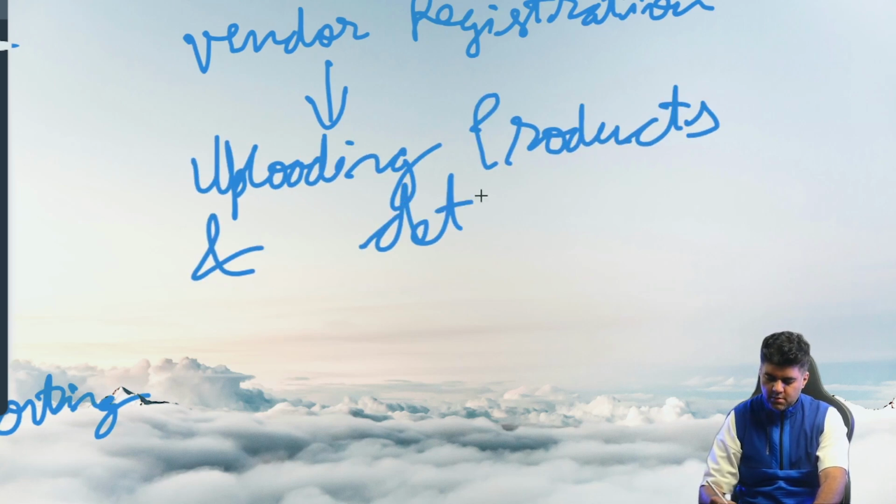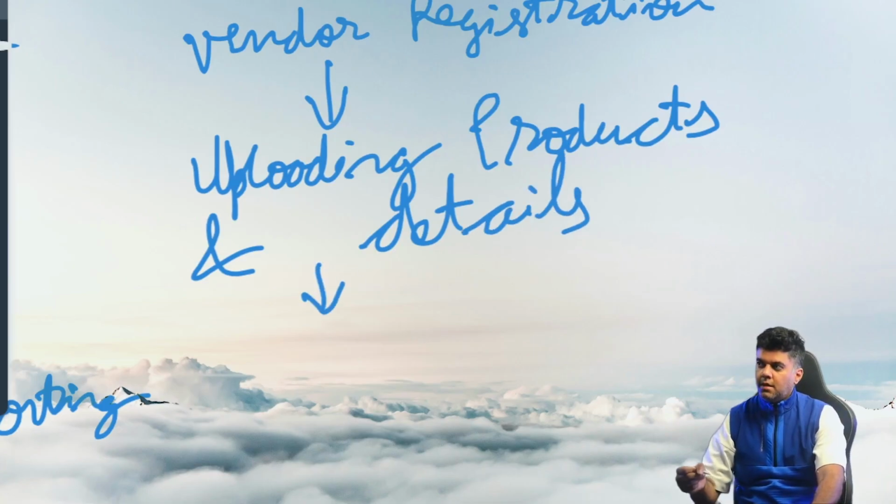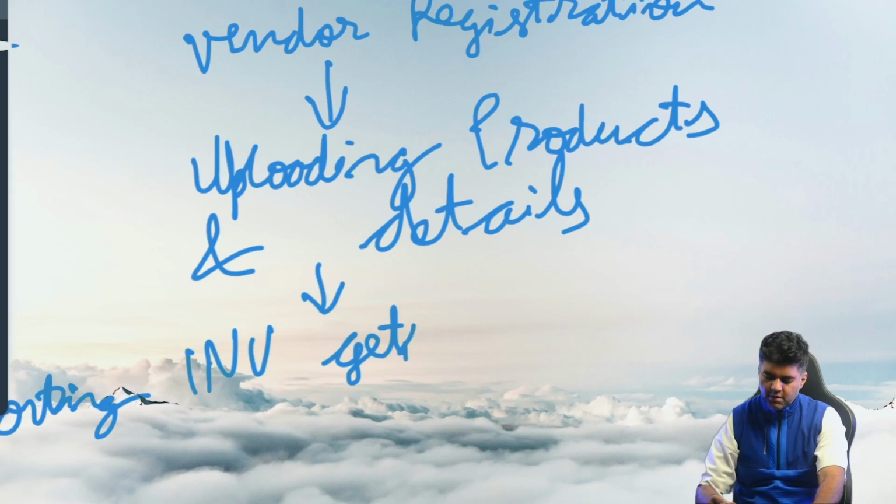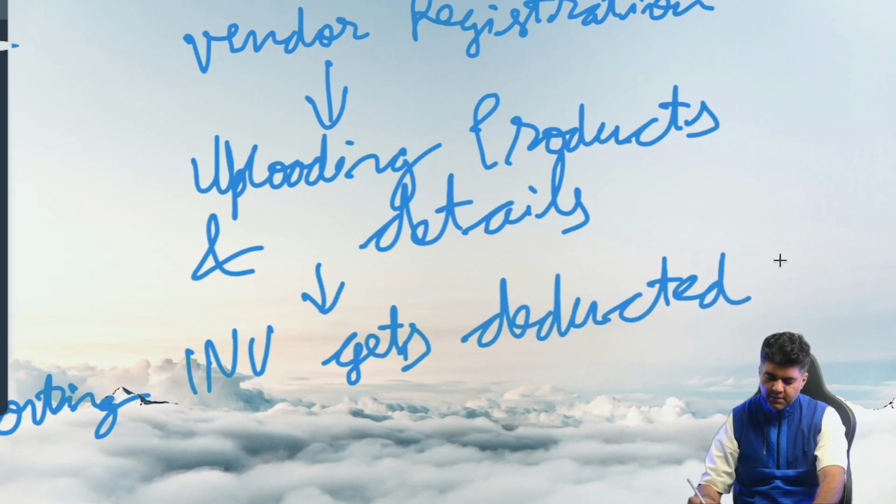And then we have a complete inventory management system where the inventory gets deducted every time a new purchase is made. So these are all the invisible things that are happening behind the scenes that the user does not know about.